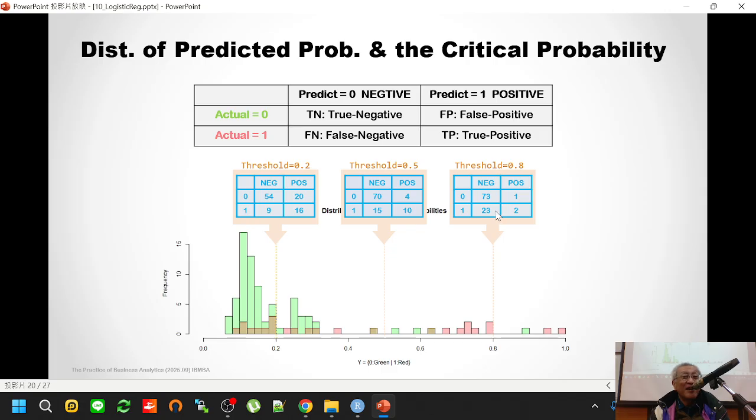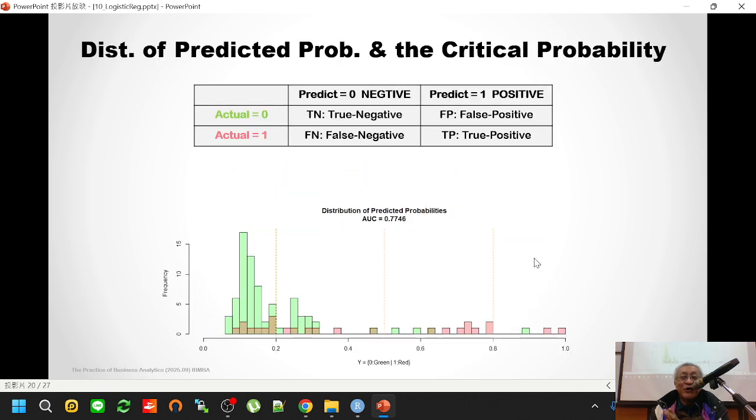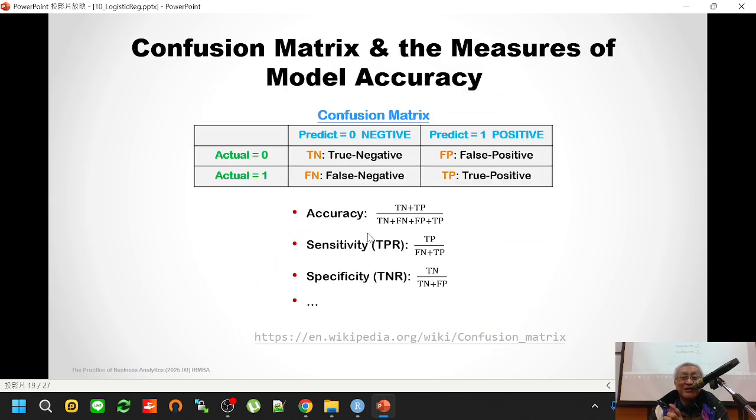And because all of these accuracy metrics are tied to the numbers within the cells, when the threshold changes, the accuracy metrics also change.